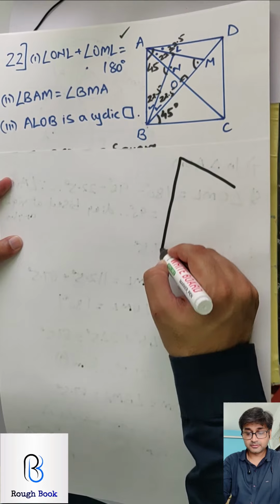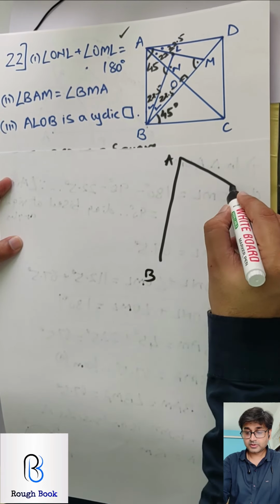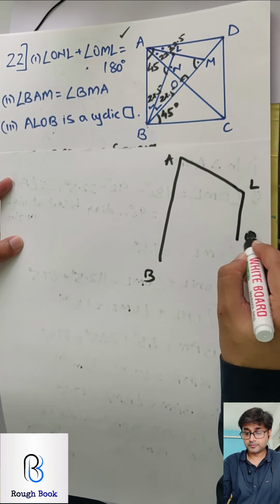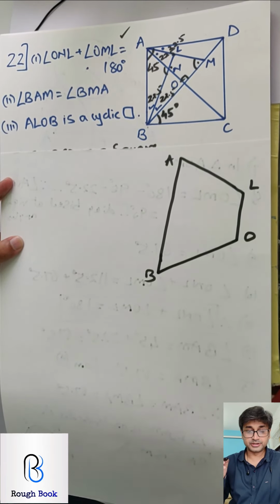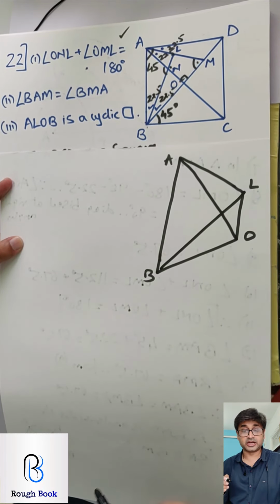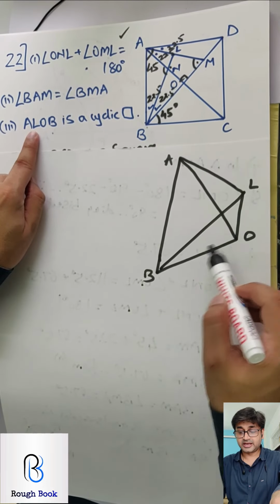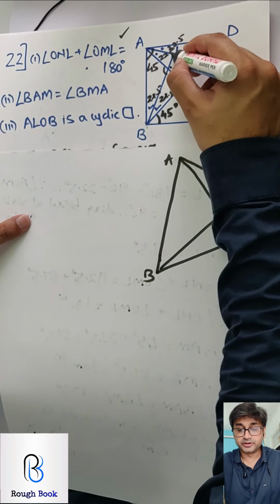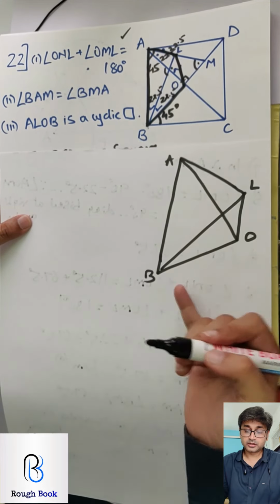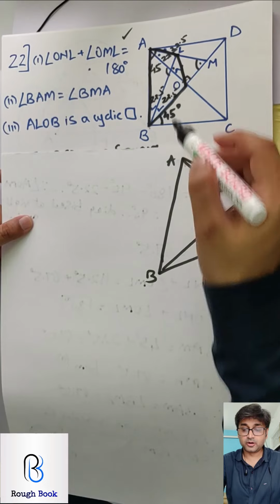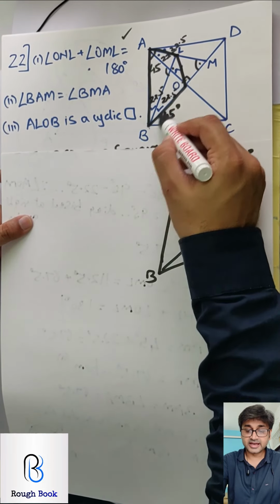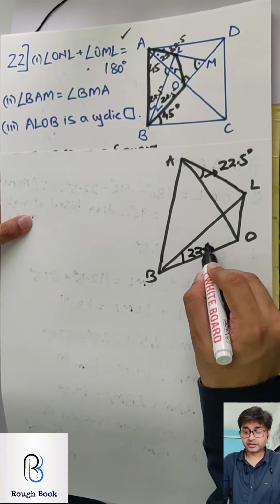This is A, B. Here you reach point L, come down to point O, and then connect it to point B. Correct? This is one angle and this is the second angle which we are targeting. Our target is to prove that ALOB is a cyclic quadrilateral. That's this part which I am magnifying right now. So if you look at this, LAO is 22.5, and if you look at this, LBO is also 22.5.